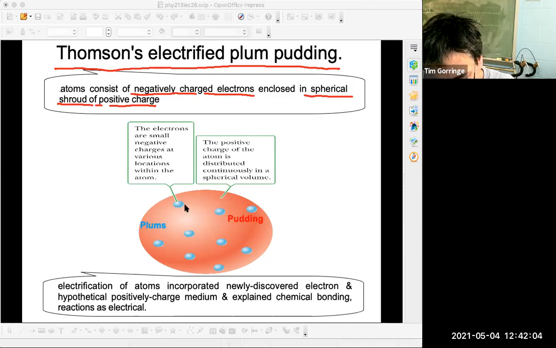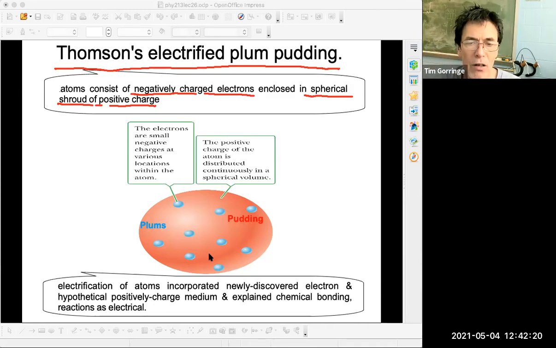And then we've got the cake here. That's the positive charge, medium, or cloud in the atom. And that's what's holding the electrons together.